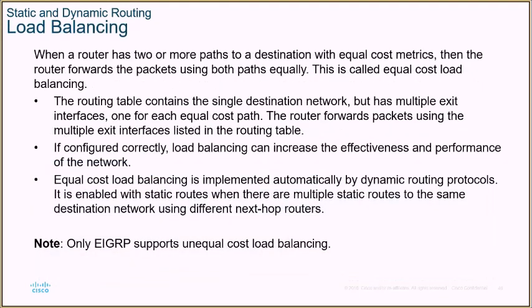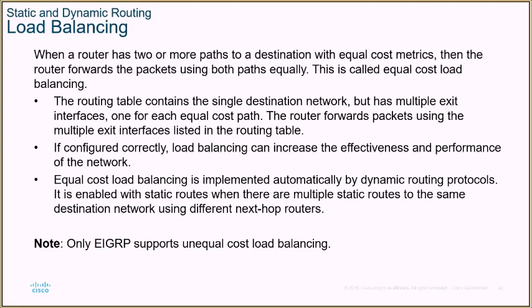When a router has two or more paths to a destination with equal cost metrics, then the router forwards packets using both paths equally. This is called equal cost load balancing. So the routing table contains a single destination network but has multiple exit interfaces, one for each equal cost path. The router forwards packets using the multiple exit interfaces listed in the routing table.